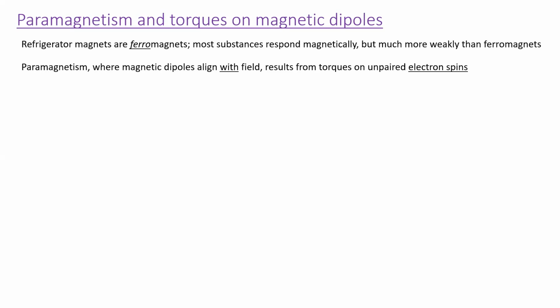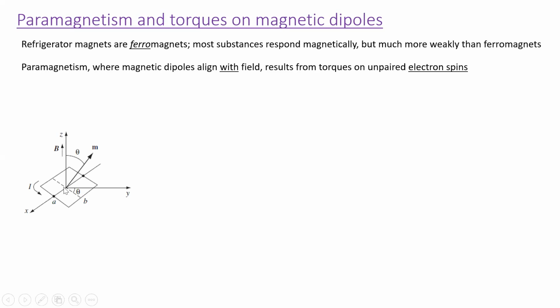The rules of quantum mechanics say that spins tend to occupy orbitals or wave functions in pairs, where the up and down spins' magnetism cancels. So it's the unpaired electron spins that tend to respond to magnetic fields.